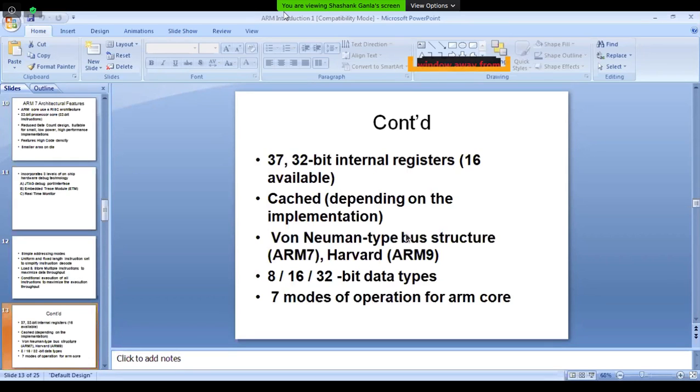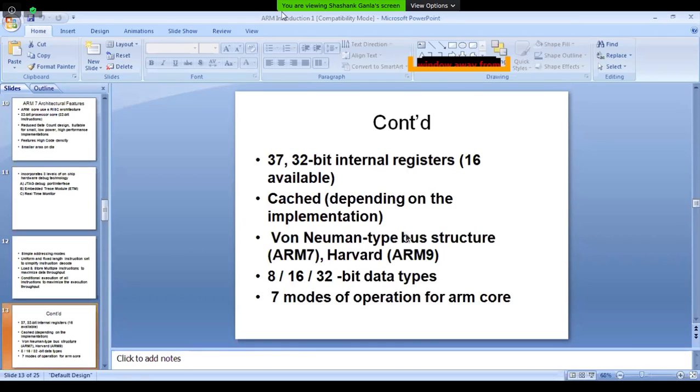whereas from ARM7 onwards, that is ARM8, ARM9 onwards. To be more specific, let's say ARM9 onwards, till the ARM Cortex series and further onwards, are now being designed to support what we call Harvard memory organization architecture.